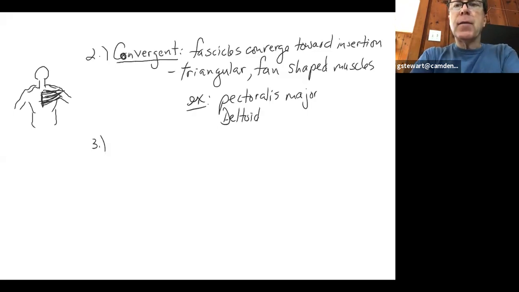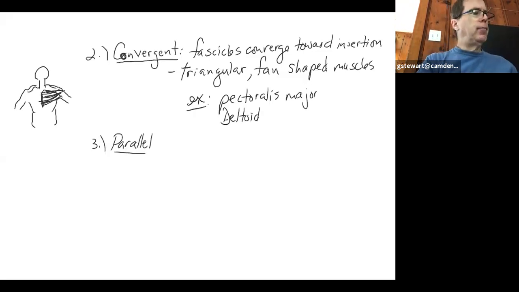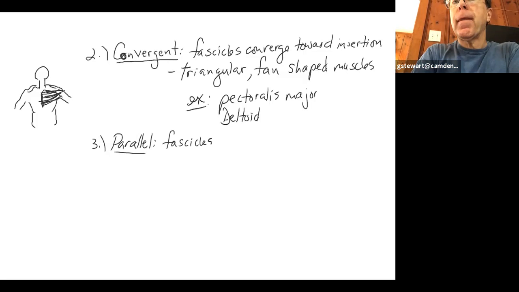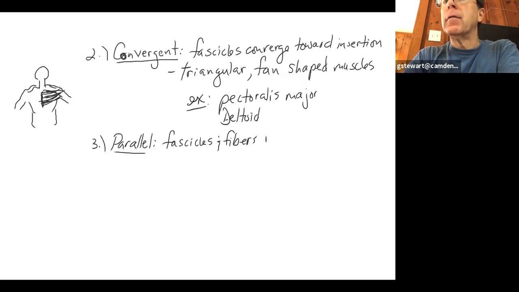All right, third type of fascicle shape and fiber direction is parallel. So we've done circular, convergent, and third and last is parallel fibers. These fascicles, and of course fibers within the fascicles, run parallel to the axis of the muscle itself.